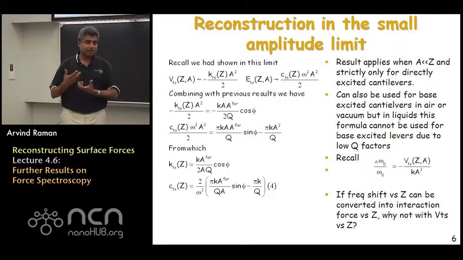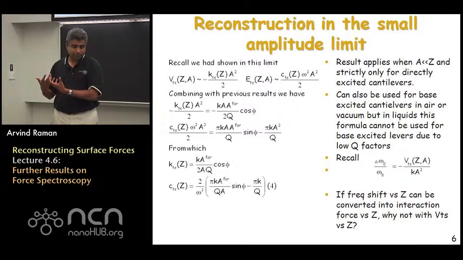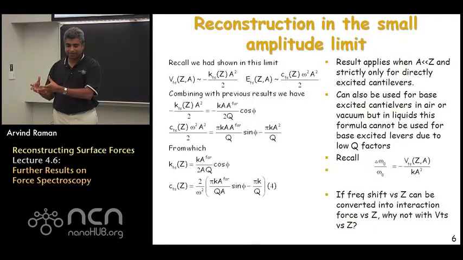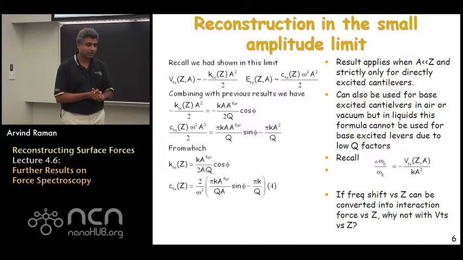So the question is, if we can take the frequency shift versus Z data and convert it into interaction forces, why can we not take virial as a function of Z and convert it using the same approximations into interaction force versus D?